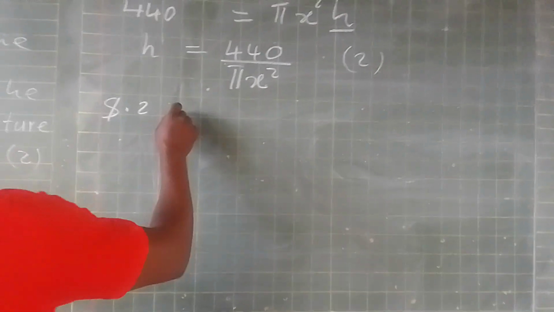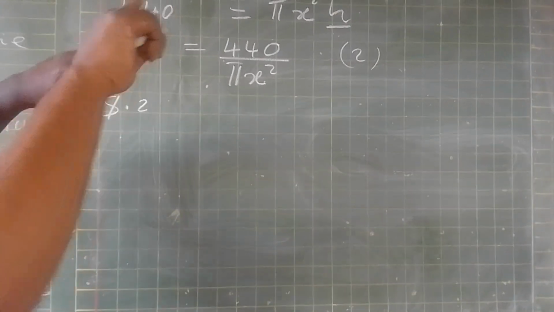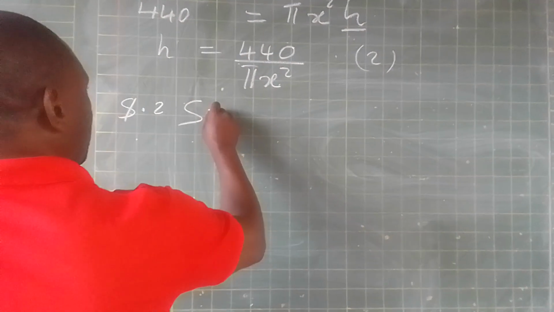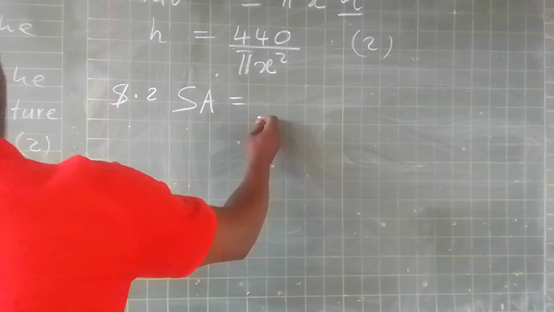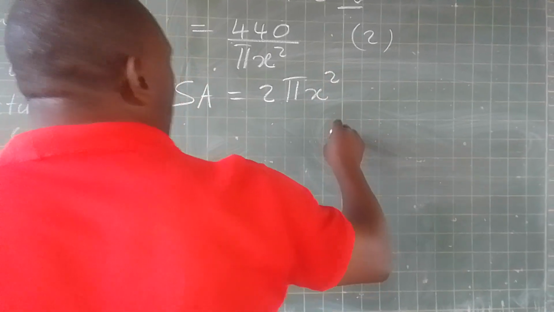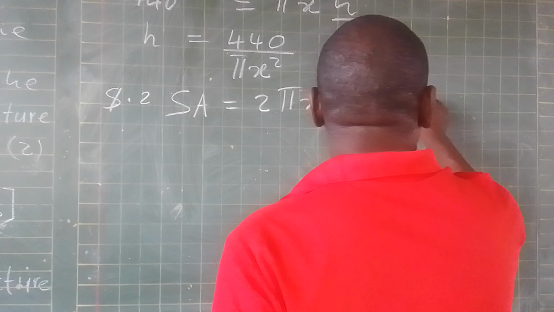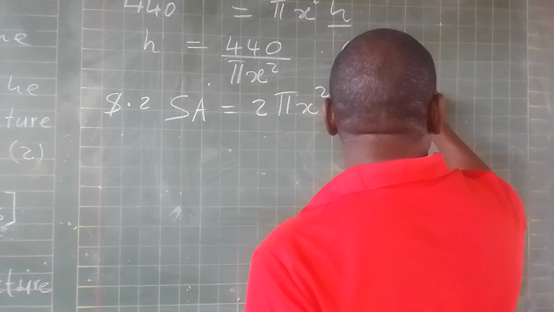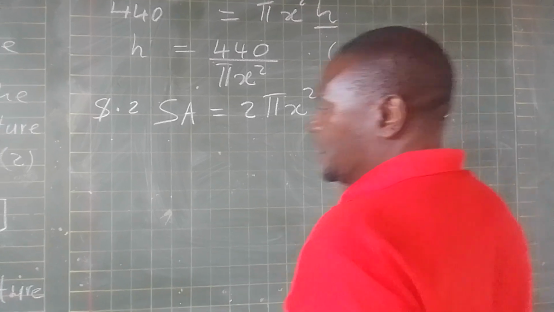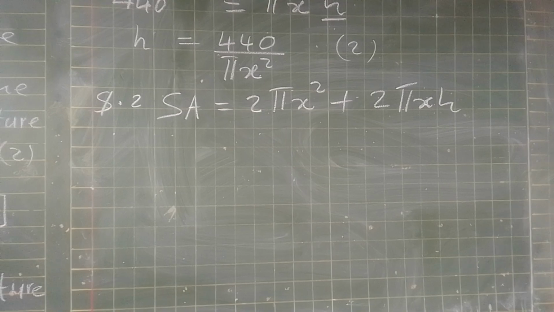In order for us to know the material, we need to know the whole surface area. Surface area is equal to 2 pi x squared plus 2 pi x h. This is the formula that we are going to use to find the surface area.